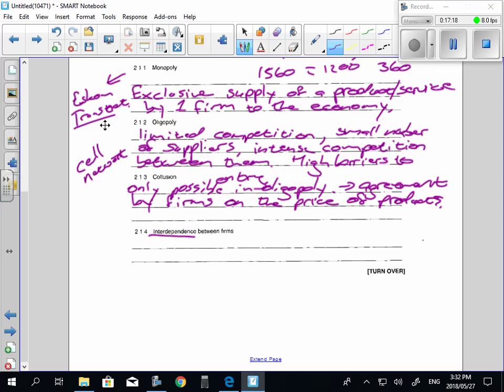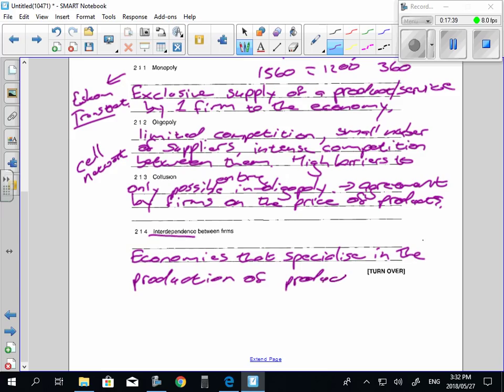Economies that specialize in the production of products or services need to trade with one another.